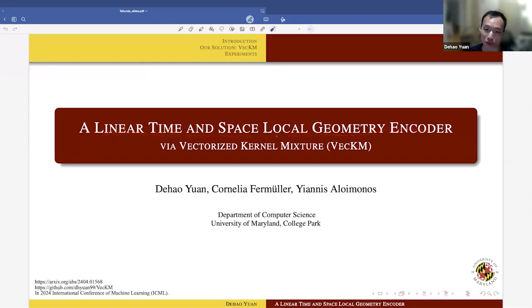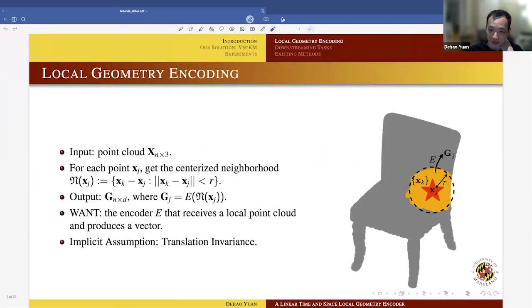I will introduce what a local geometry encoder is and why linear time and space is significant in this project. It is a paper accepted by ICML 2024, and it has been open sourced, so if you are interested, you can check the code and the paper.